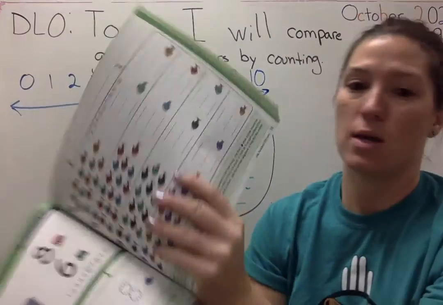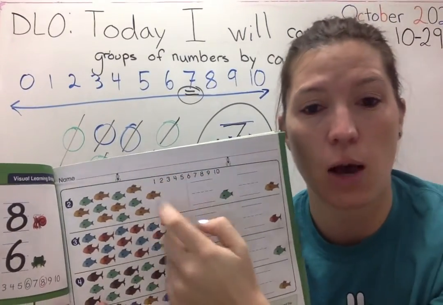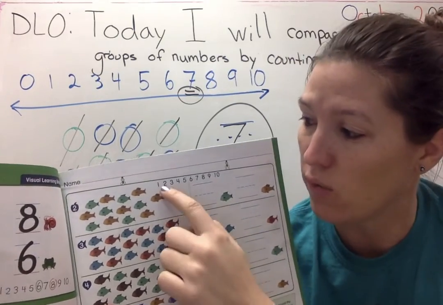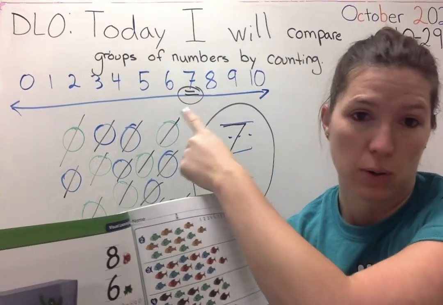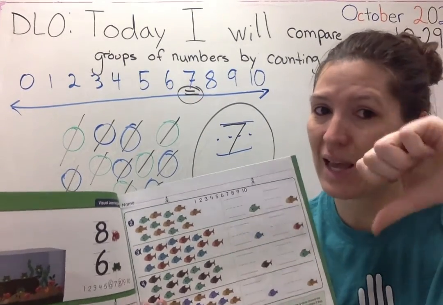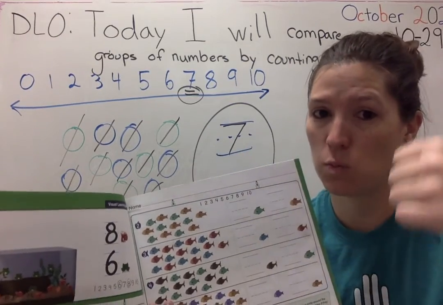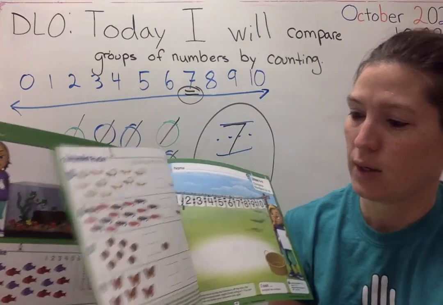So in your book, your little fishies are very close together. Use the crossing out method to cross them out. You have a number line up here you could use. I would use your dry erase marker and draw a number line so that you can erase underlining and figure out which one is less, closest to 0, or which one is more, greater. And now it is your turn.